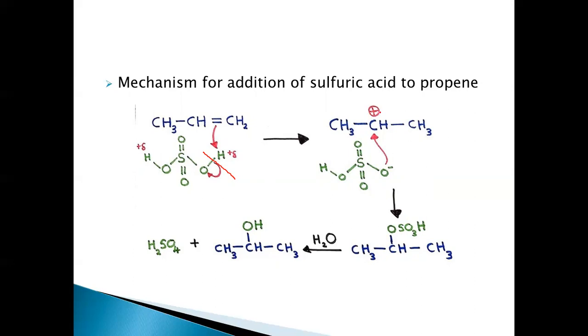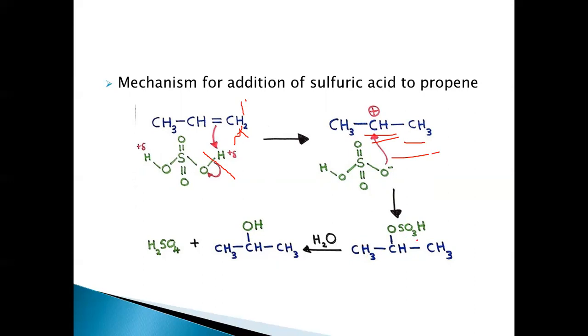We know that a secondary carbocation is more stable than primary. If the attack of H plus takes place at the other carbon, it leads to the formation of a primary carbocation, which is unstable. So this is more stable, and the attack will take place further.